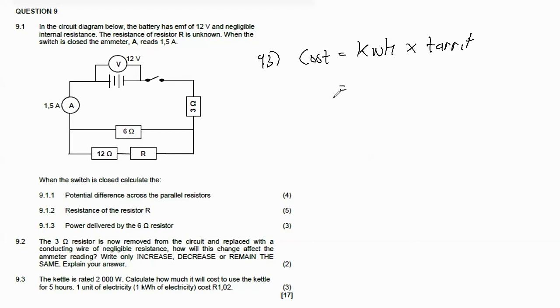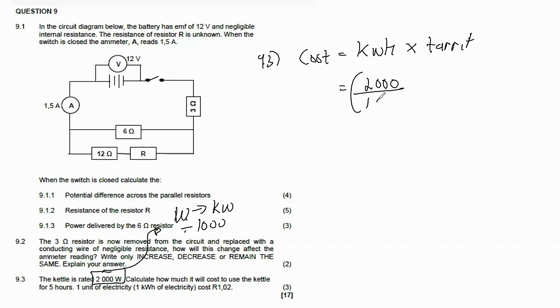So we have our kilowatts, that's 2000. And then remember, if we are given in watts, the first thing that we need to do is we convert the watts into kilowatts by doing what? Dividing by 1000, right?